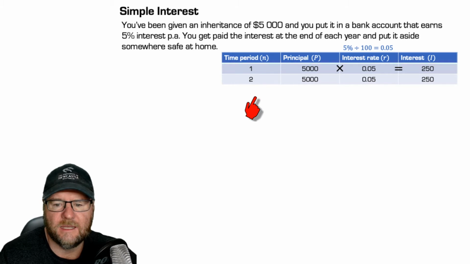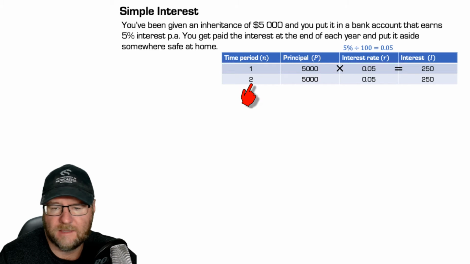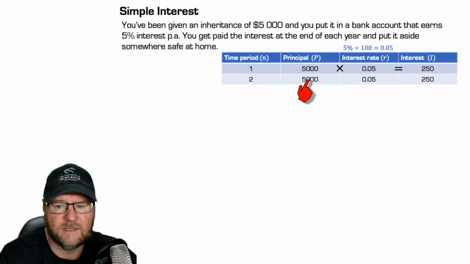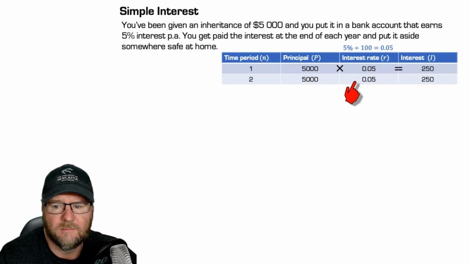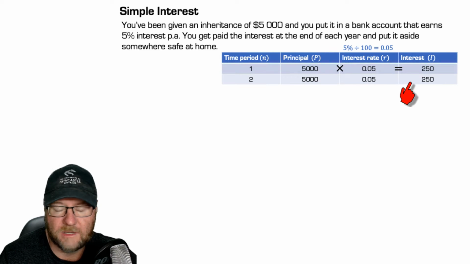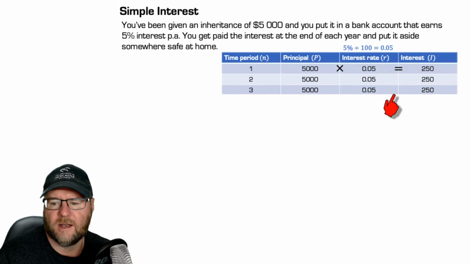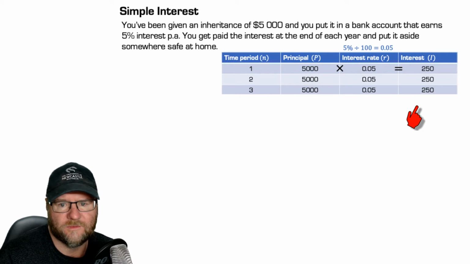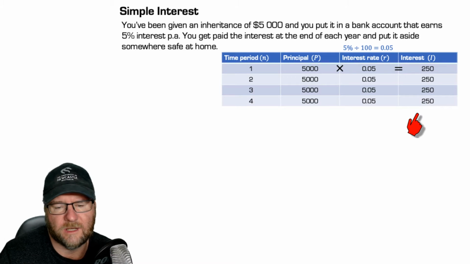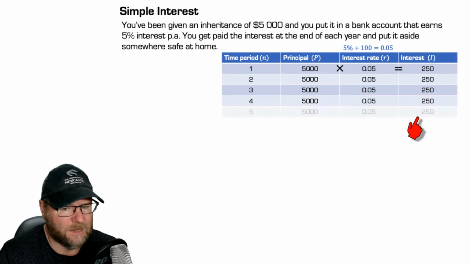Let's look at the second year, and the same thing, same calculations apply. At the end of the second year, there's still $5,000 in the bank, multiplied by 5%, earns me another $250 interest. And if I go through every year, you can see that I'm earning another $250 of interest. And I'm taking that $250 and I'm putting it aside.